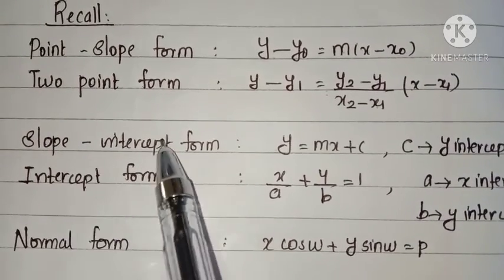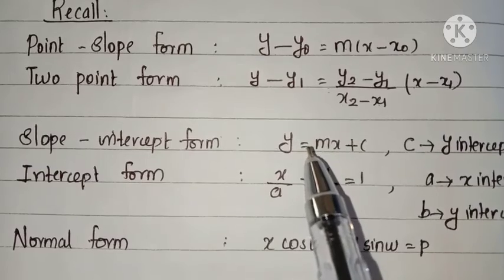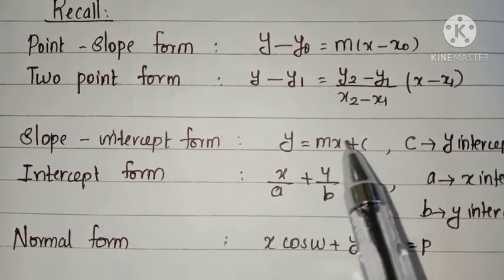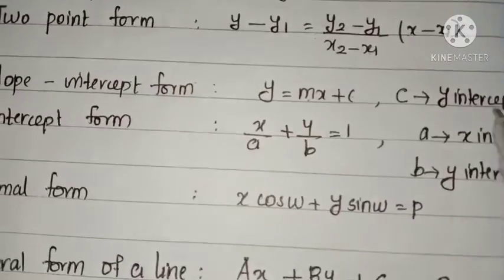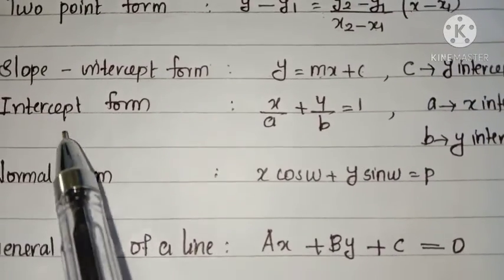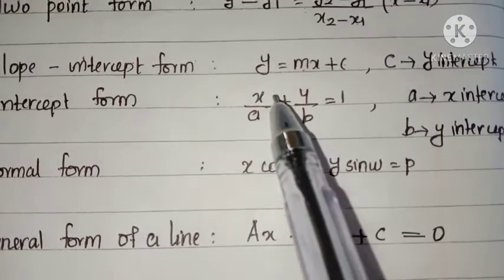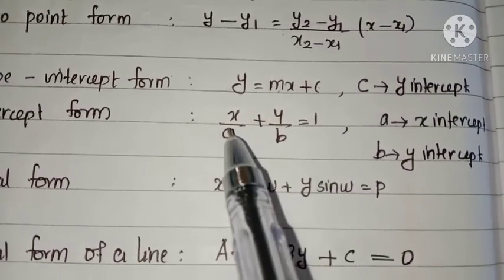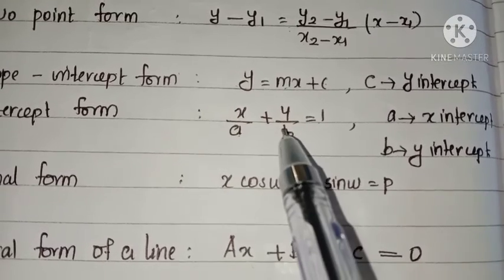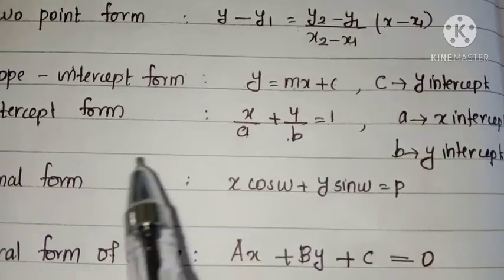Then slope intercept form, the equation of a straight line is y equal to mx plus c. Here m is slope, c is y-intercept. Then intercept form of a straight line: x by a plus y by b equal to 1. Here a is x-intercept, b is y-intercept.